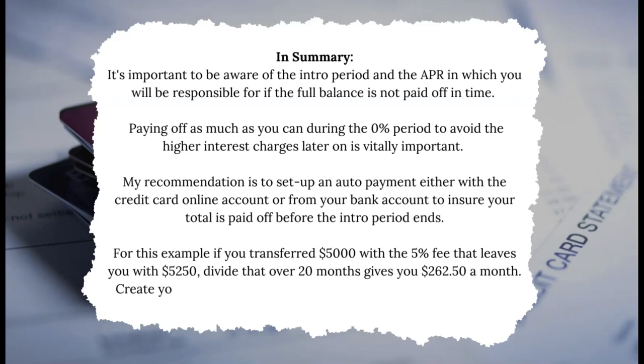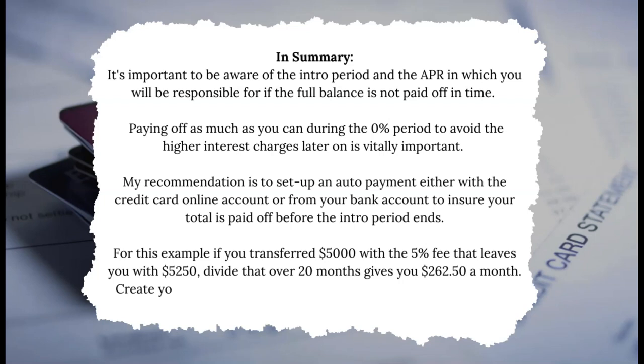So for this example, if you transferred over $5,000, all right, we're gonna say the transfer fee is 5%, so it leaves you with $5,250. We're gonna divide that over 20 months just to make sure that we're within that 21-month or 22-month period, whatever it is. We want to do an extra month early just to make sure we can pay it off.